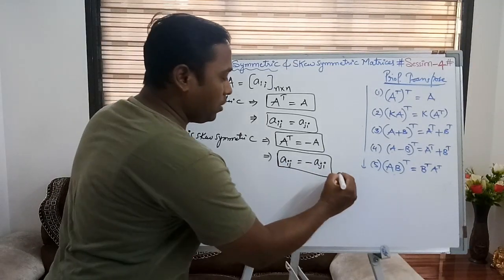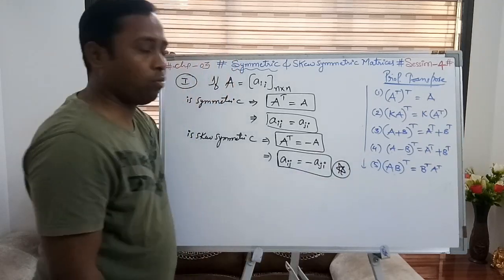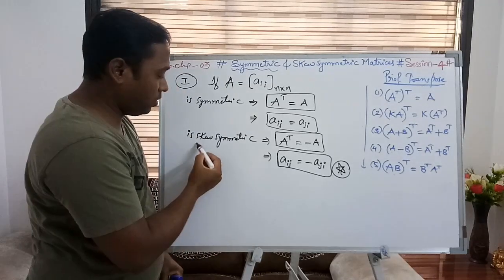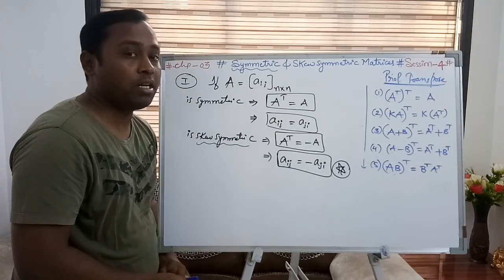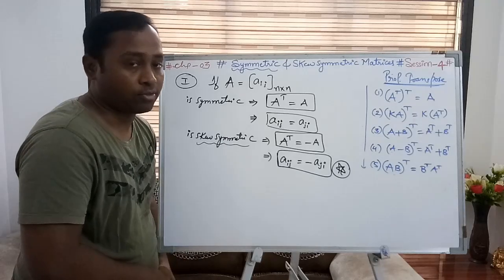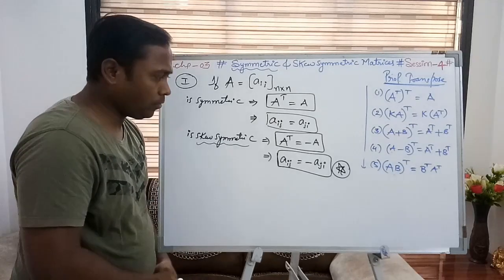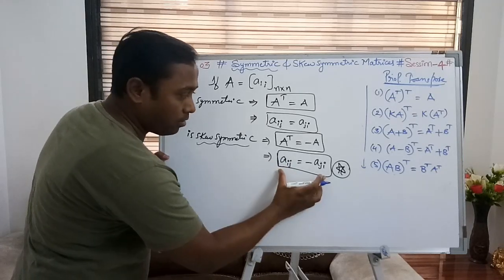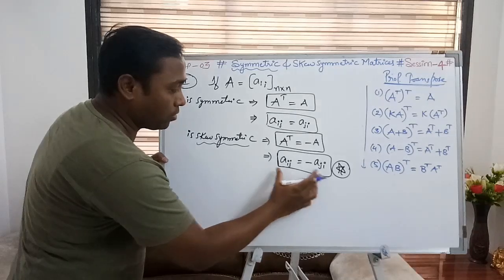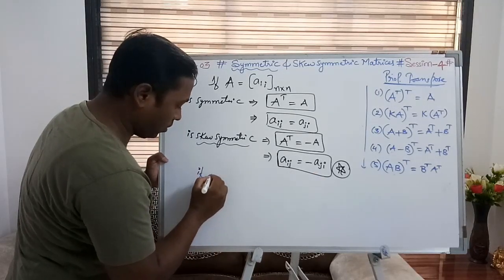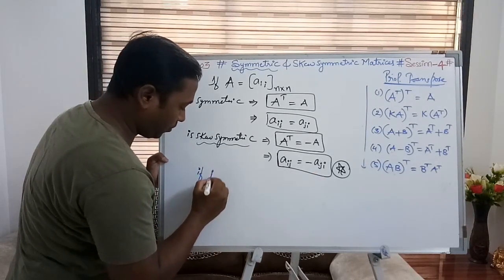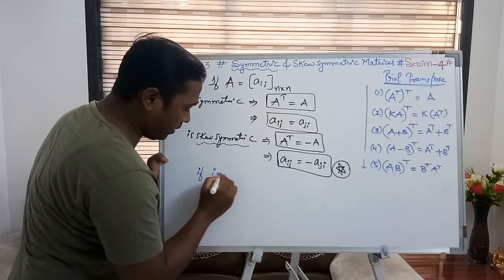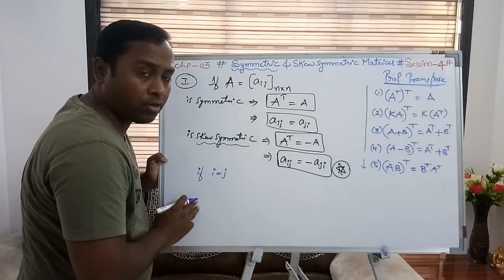With the help of this property, we are going to prove one fundamental characteristic property of skew symmetric matrices, which is asked in boards many times. Now what is that? Simple. In this condition for skew symmetric, if I take i equal to j, what is meant by i equal to j?